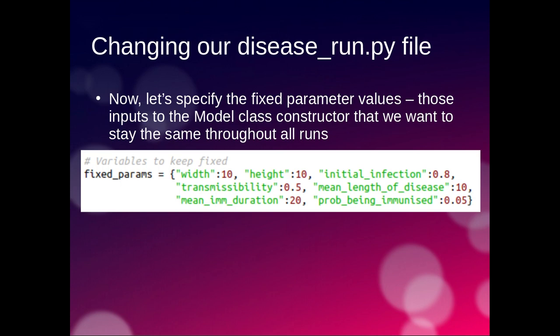I'm going to keep the initial infection at 80% here. I'm going to keep transmissibility at 50%, the mean length of the disease at 10 days, the mean immunisation duration at 20 days, and the probability of being immunised at 5%. So put this line of code now in your disease run file.